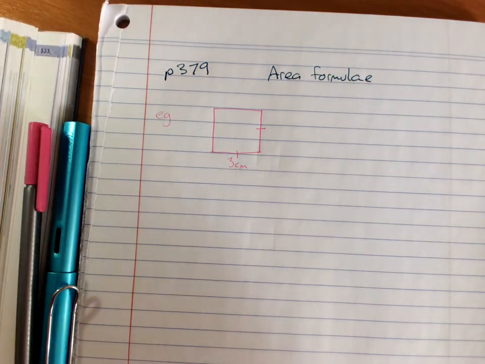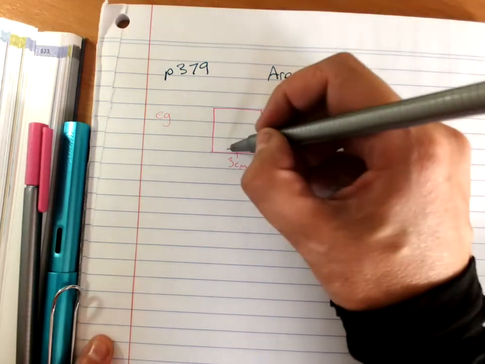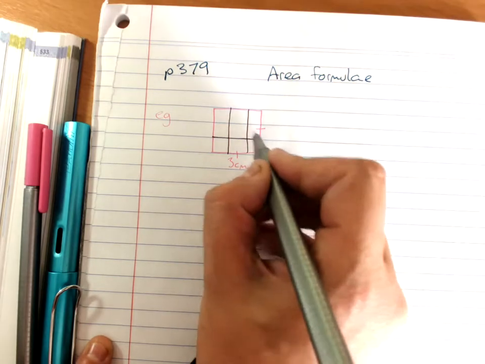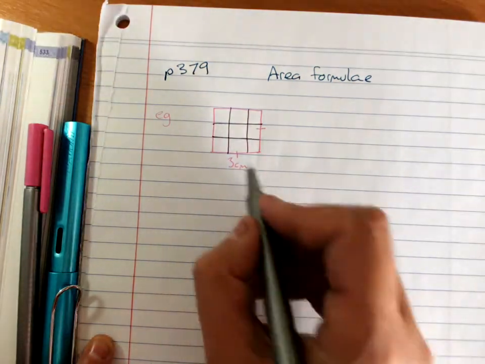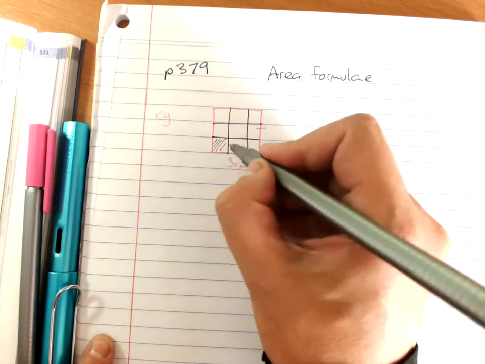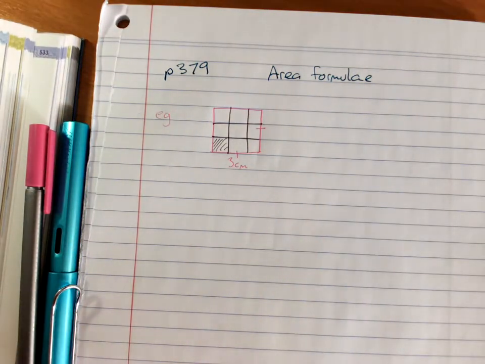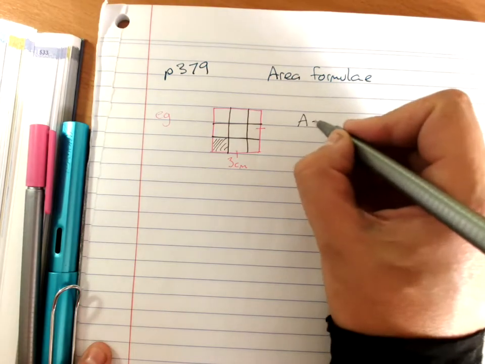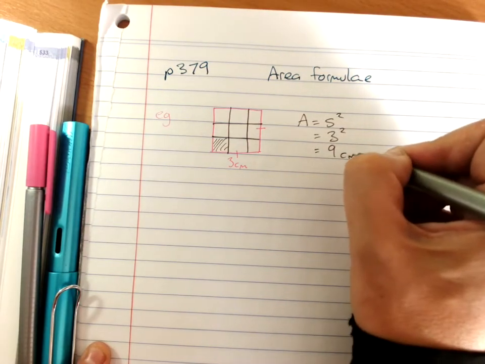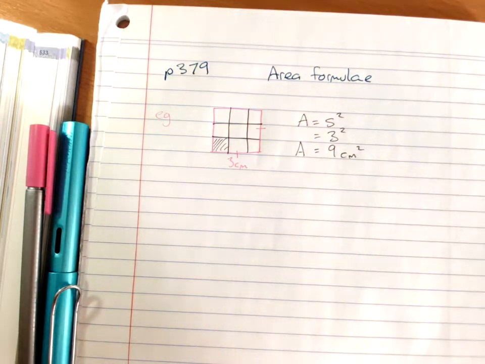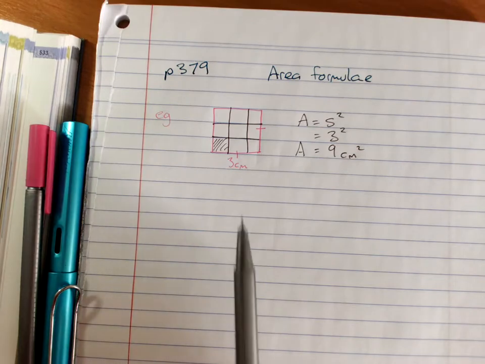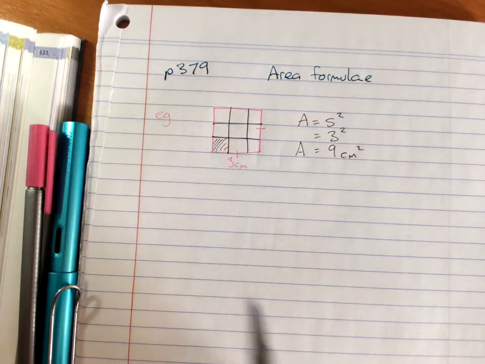The whole basis of my formulae is that if it's 3 centimetres that way, and 3 centimetres that way, then I've got 3 times 3, which is 9 little squares. So this is 9 centimetres squared. You know this. The area formula of a square is side squared, 3 squared, 9 centimetres squared. The reason it works is I'm just using multiplication to quickly count the number of little squares in that.